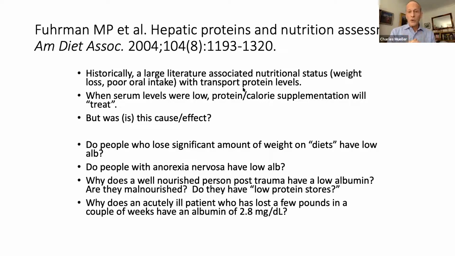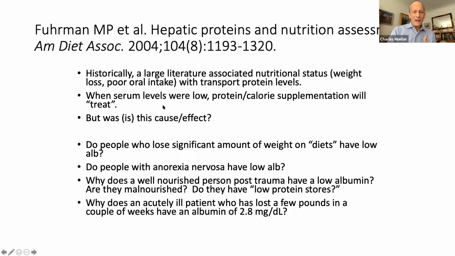Well, when your transport protein levels are low, you have a low appetite, and you're losing weight. So it was thought that there's some kind of connection. You're not eating and the transport protein levels are low. So when serum levels are low, supplementation and aggressive nutrition will treat. But was this really cause and effect?